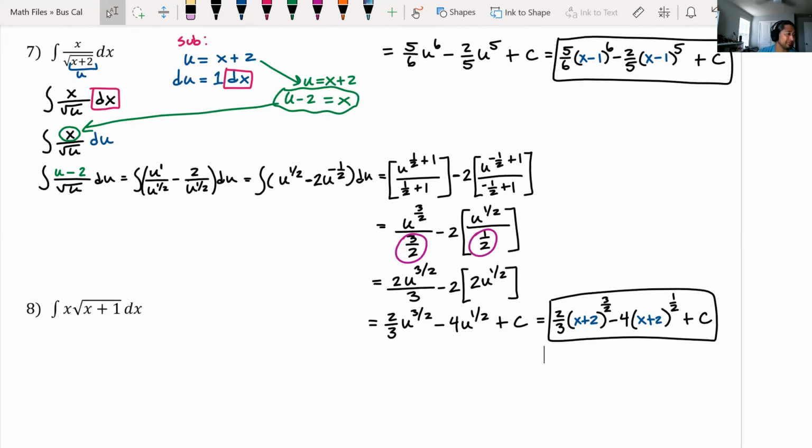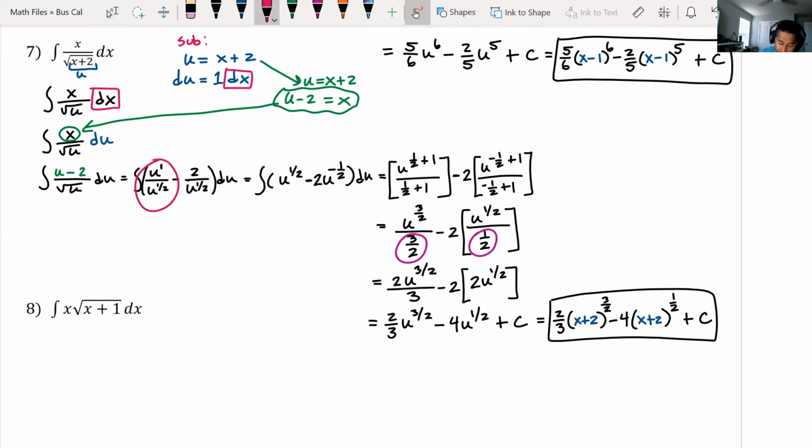Questions on that one? I have a question. What's up? Before we got to the antiderivative part, whenever we were rewriting it at the end, how come it wasn't u to the negative 1/2? On which part? Where we were rewriting it before we started the antiderivative, where it has the integral.